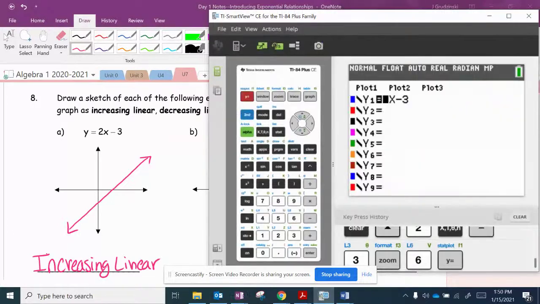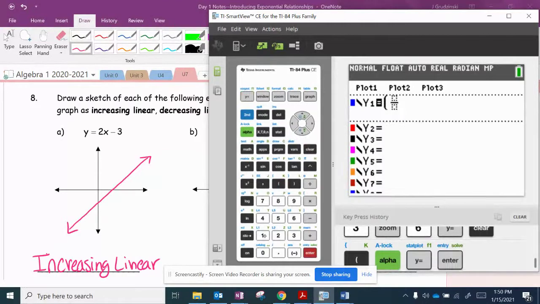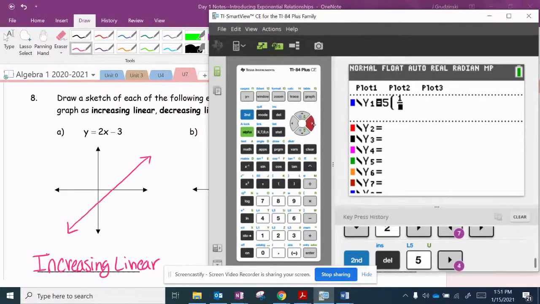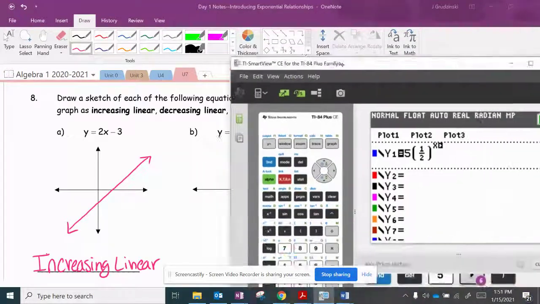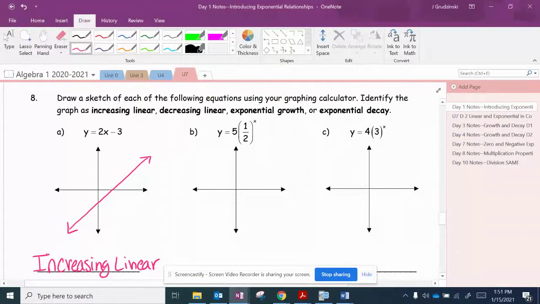Let's try the next one. And I just noticed my 5 did not type. Okay, and if I graph that, it looks like this.